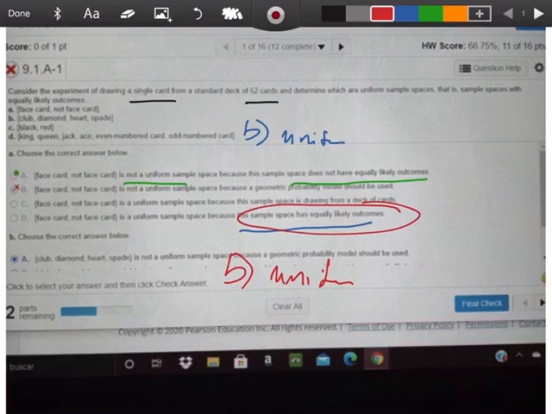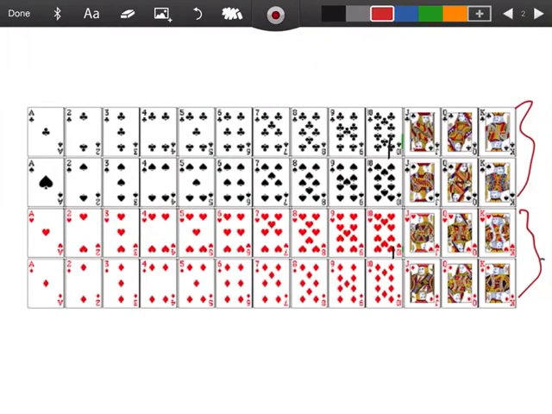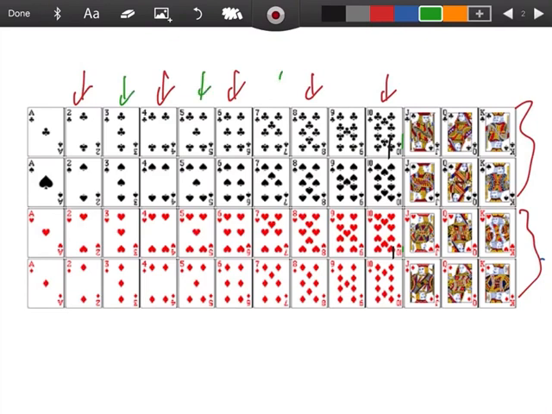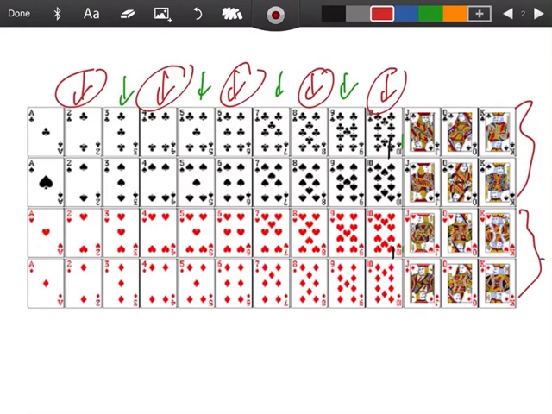Okay, so let's take a look at that part there. So if I come back over here, well, for even numbered and odd numbered cards, if I were to say even numbers, there's even, there's even, there's even, there's even, there's even, right? And if I were to come back and look at the odds, so how many evens did we have? 1, 2, 3, 4, 5.